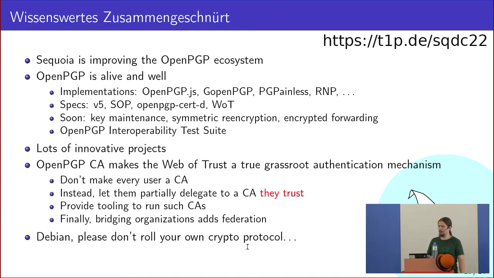Symmetric re-encryption is a part of protecting against post-quantum attacks on cryptographic systems. And we are working on a way to forward encrypt messages, which is an important feature for companies.